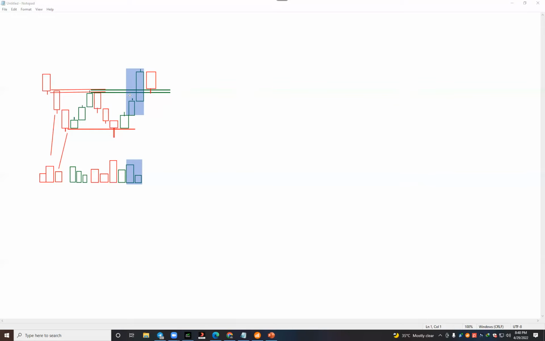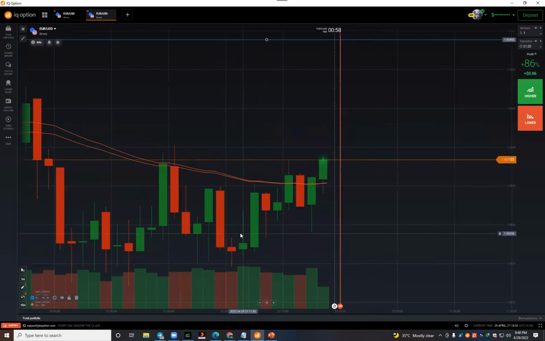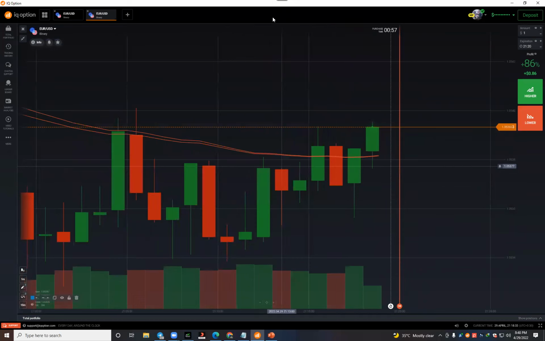Now on the chart, first we will understand in the chart, and then we will check some more concepts. And this is using an indicator, correct? Yes, we will use the volume indicator. Recently there is a breakout, this one.